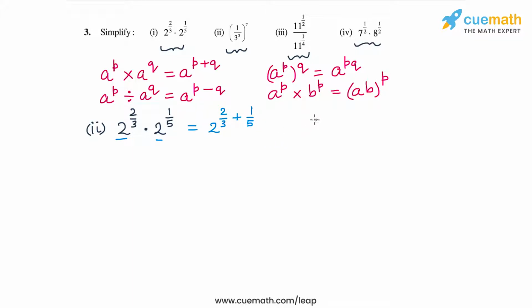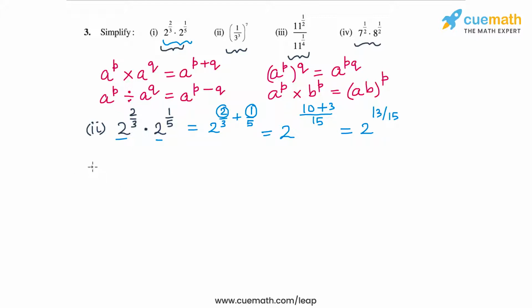Well, take an LCM of 15 and we will get the 2 here will become 10 and the 1 will become 3. So 2 to the power this value, and 10 plus 3 by 15 is 13 by 15. So this is 2 to the power 13 by 15. This is the answer to the first part. This is the value of the first expression.